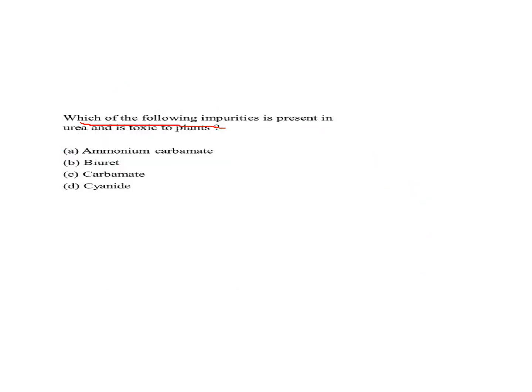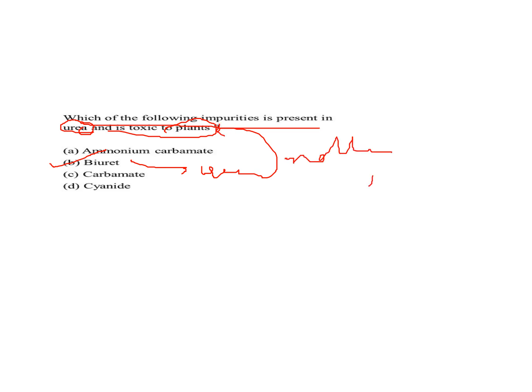Which of the following impurities present in urea is toxic to the plants? The answer is biuret. Biuret formed during urea production is highly toxic to the plant. When molten urea is heated above its melting point, in and around 132 degrees, two urea molecules condense to form biuret, which is highly toxic to the plant.